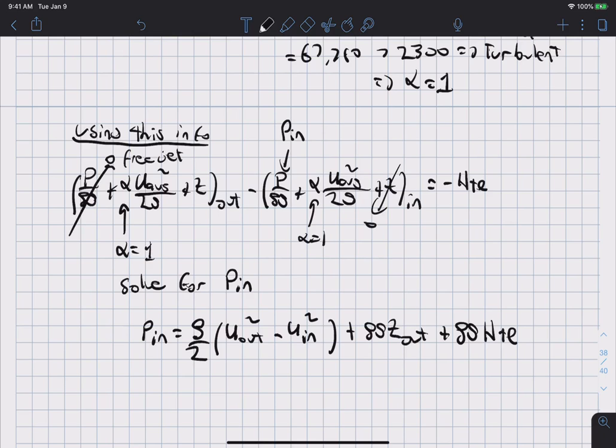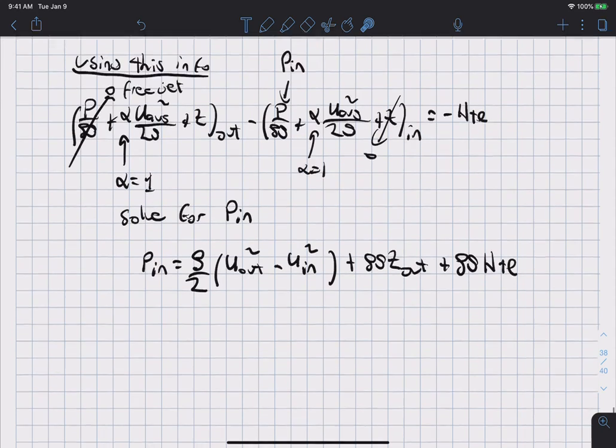All I did to get this was take this equation here and solve for the inlet pressure. Above we calculated this, and we calculated this. So now we are just about ready to start putting in the numbers.